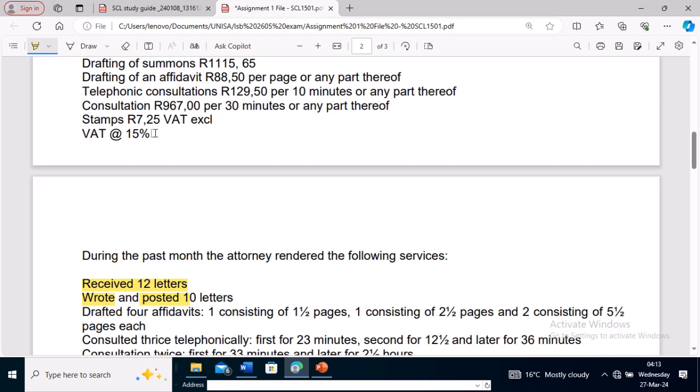All these letters are from the post office, so it's like going to the same store and buying items from the same store. Obviously they're going to charge you VAT once.